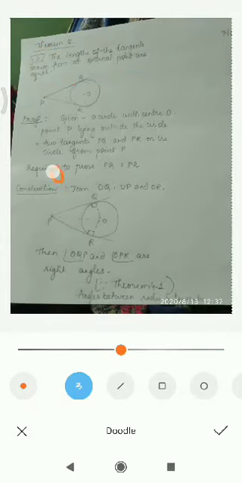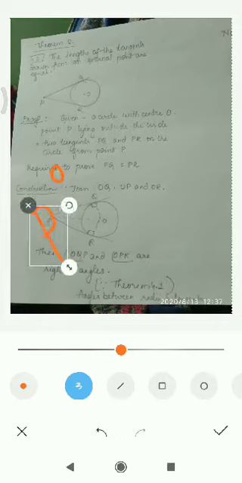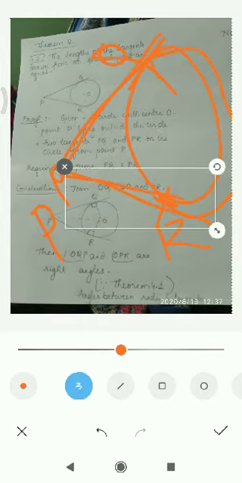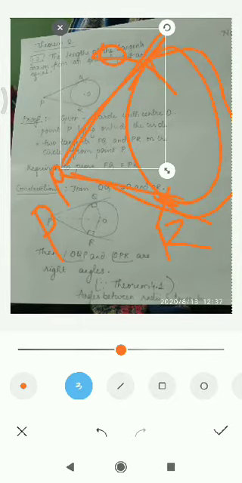They have told that there is a point P outside the circle, and this is the circle. And these two are the points on the circle, so from here to here and here to here the distance will be the same. I mean PQ is equal to PR.